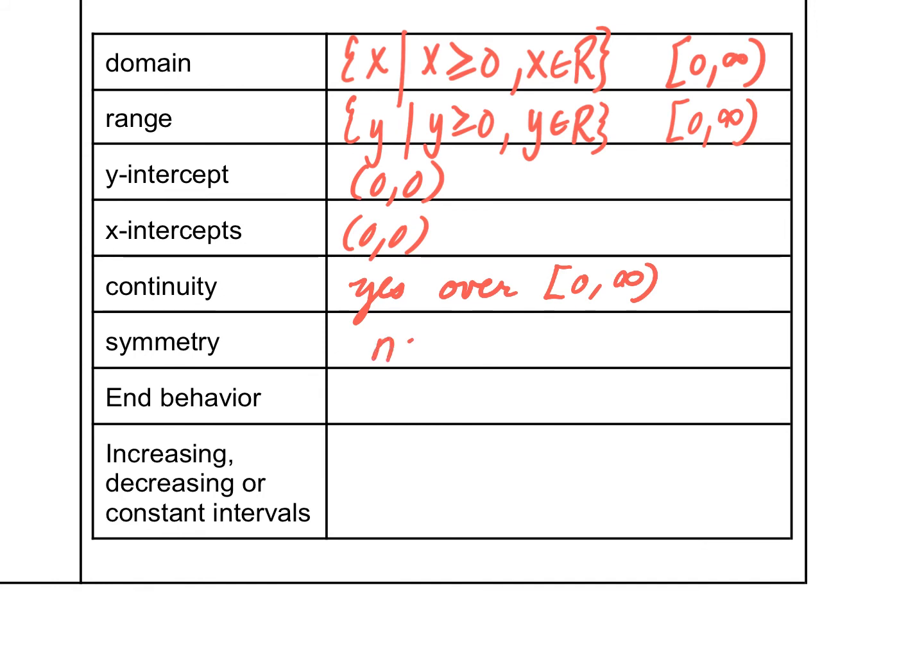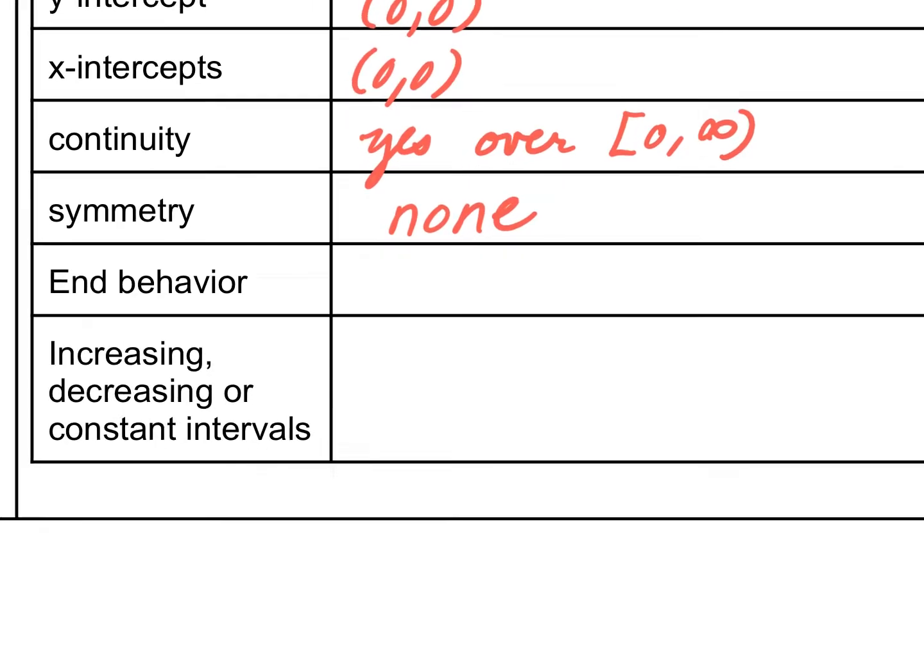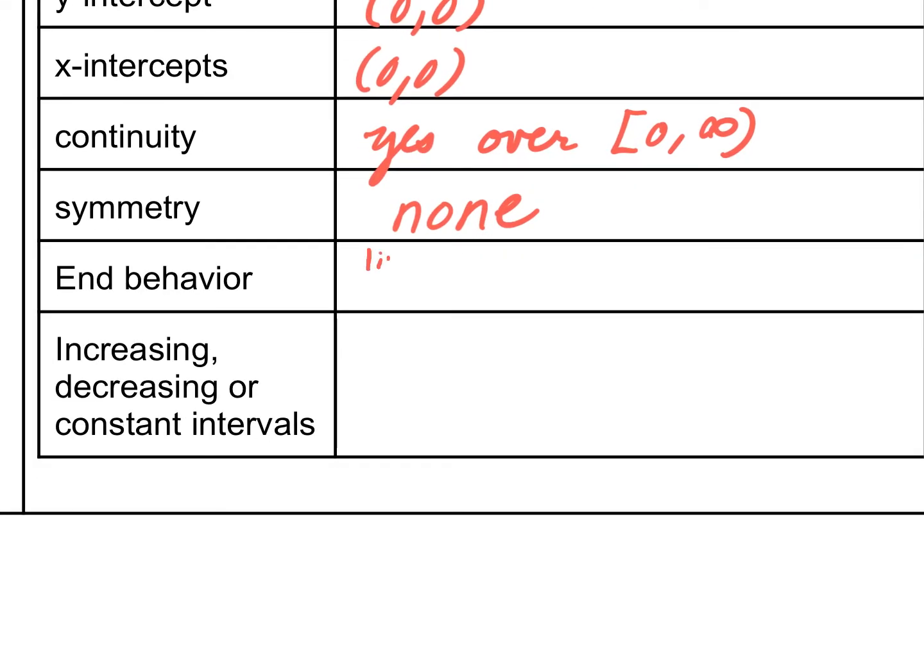Does it have symmetry? No, none. End behavior. This one's tricky. Guys, the limit of f of x as x approaches, you cannot say negative infinity. Does x approach negative infinity in this? What's the lowest it goes? So we have to say as x approaches 0.